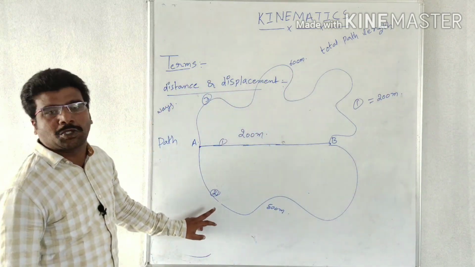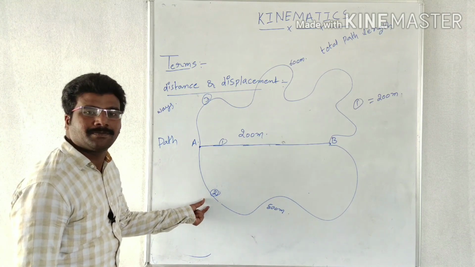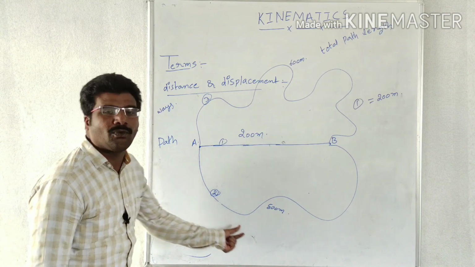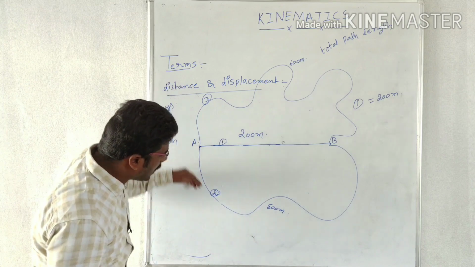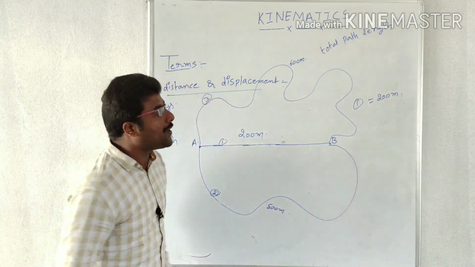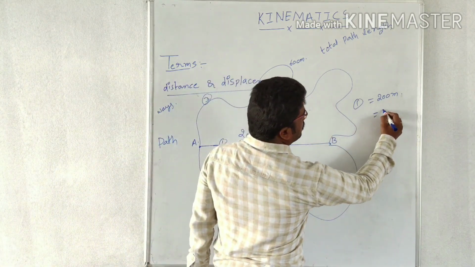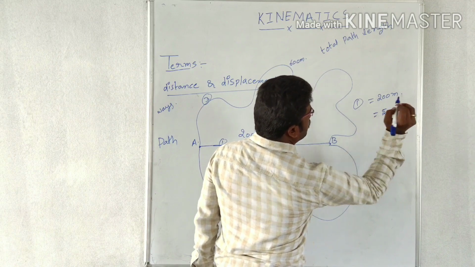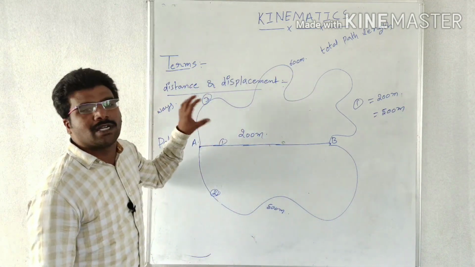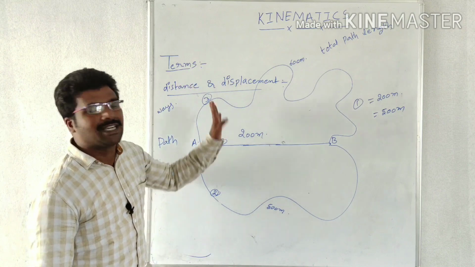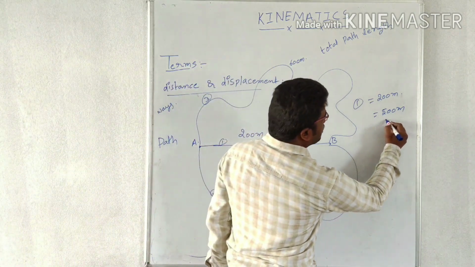When you come to path 2, can you say the distance? Yes, it is 500 meters. What is the total path here? It is 500 meters. When you come to path 3, what is the total distance? No doubt, it is 600 meters.